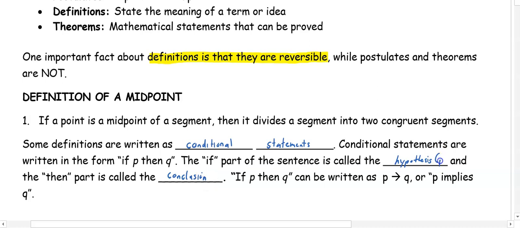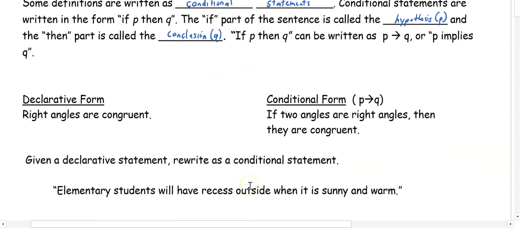So the hypothesis is represented by P, and the conclusion is represented by Q. So we could have if P then Q. We can also write it as P arrow Q, or we can say P implies Q. These are all different ways to mean the same thing.